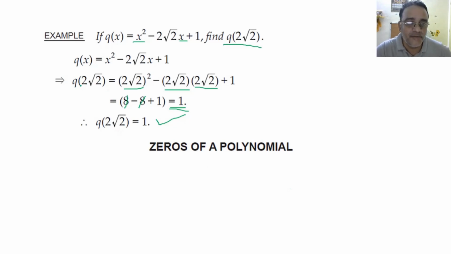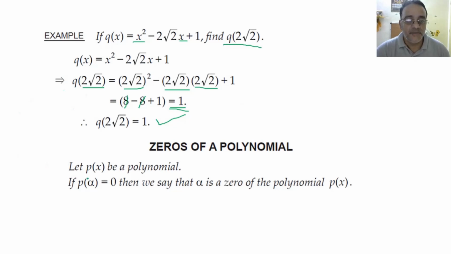Here we were finding the value of the polynomial; when we substituted, we got 1. If substituting some value makes the polynomial 0, then that value of x is a zero of that polynomial. Suppose p of x is a polynomial; if substituting alpha gives 0, that means alpha is a zero of the polynomial p of x.